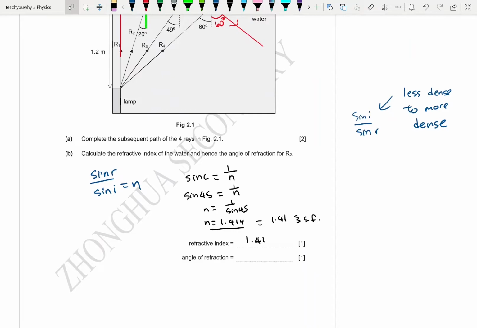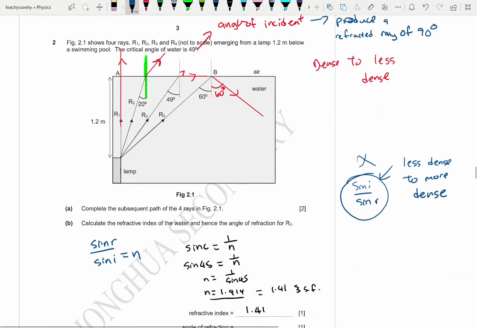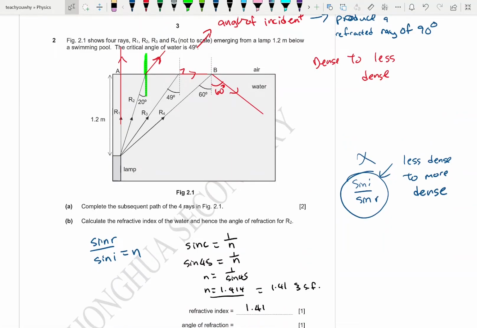This is a common mistake, so please take note, don't do this, especially when you are traveling from more than to less than. Sine I over sine R is for less than to more than. If the question shows you from more than to less than, please use sine R over sine I, or in other words, reciprocate your sine I over sine R.